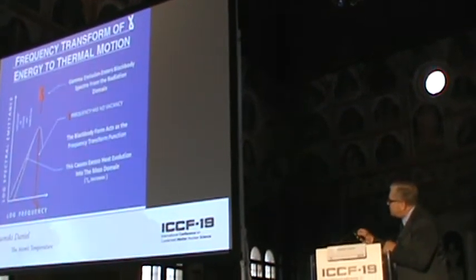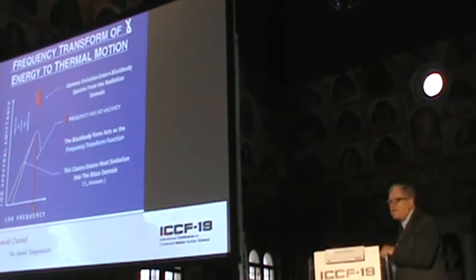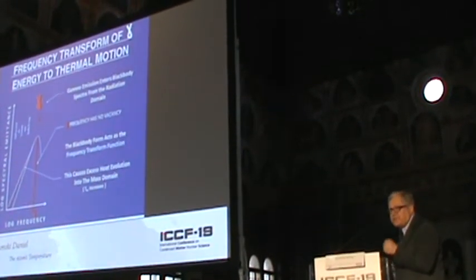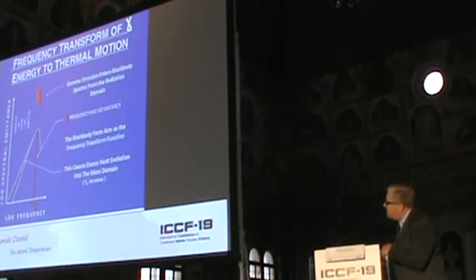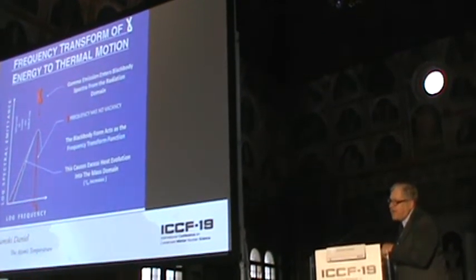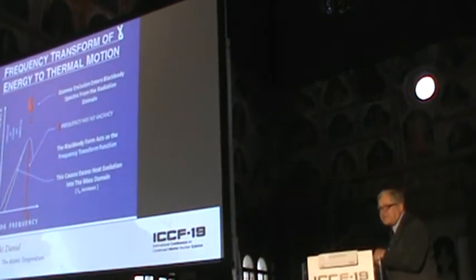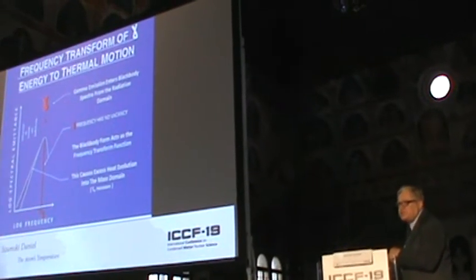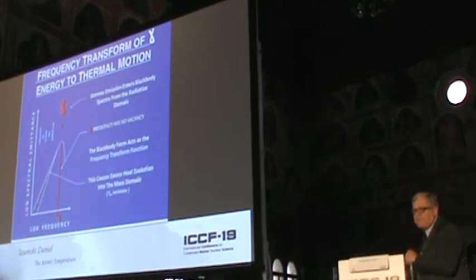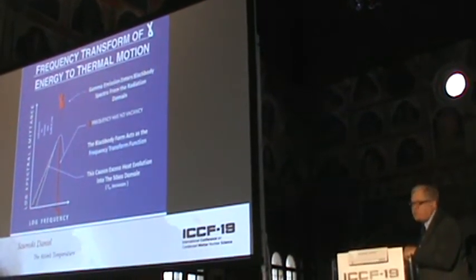And let me just very quickly take a look at that. If you have a gamma emission into this system, if there are vacancies at the gamma frequency, the gamma is just absorbed into the far from equilibrium distribution.